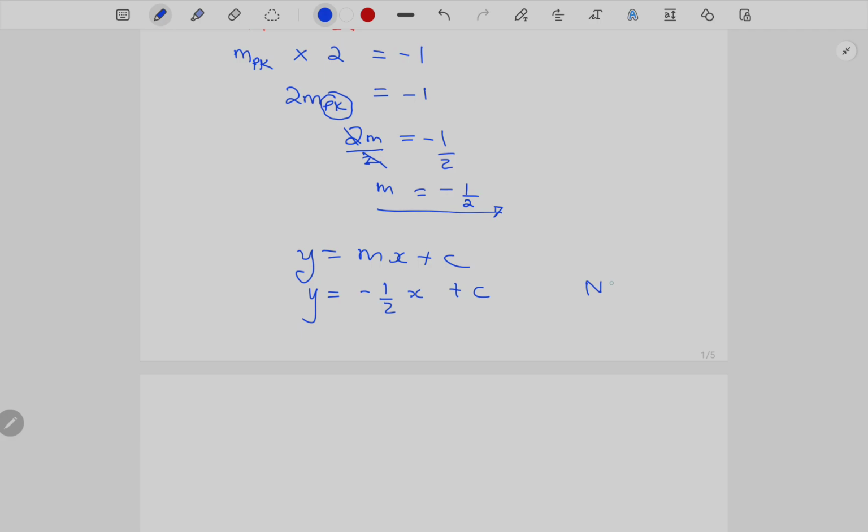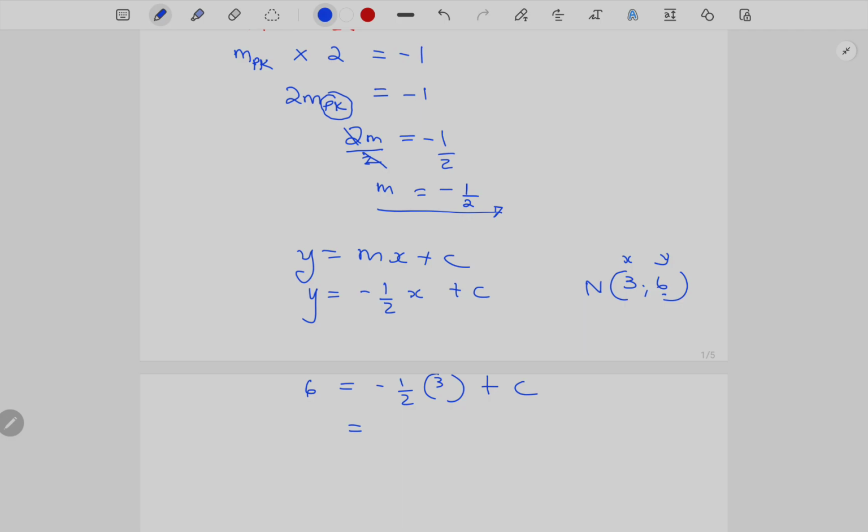Then it passes through the point N. The value of N coordinates is (3;6). What does 3 stand for? It stands for x. What does 6 stand for? It stands for y. Then in place of y, we're going to substitute 6. Let us do this step. 6 is equal to negative 1 over 2, then in place of x, we substitute 3, plus c.